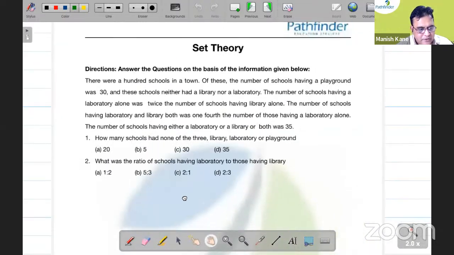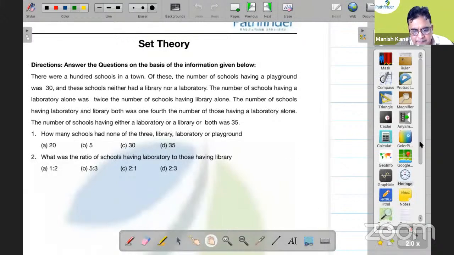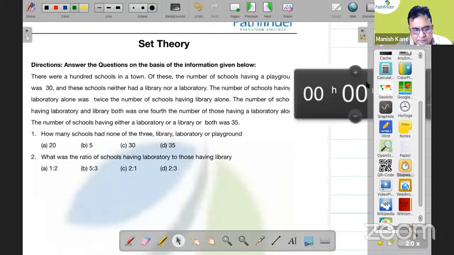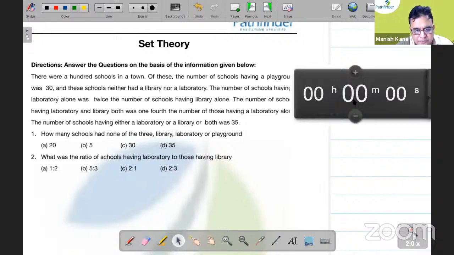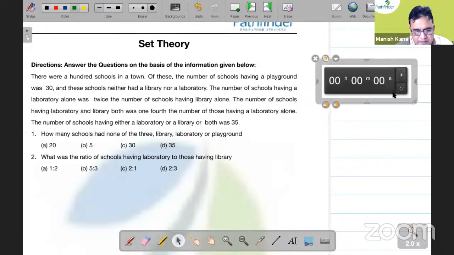In fact, these questions appear always in the form of a caselet. You can see this. And let me just pull out my stopwatch here. Yeah, stopwatch is there. Let me minimize this. I'll give you 5 minutes to solve this question, not more than 5 minutes.